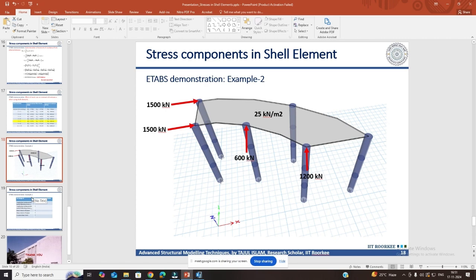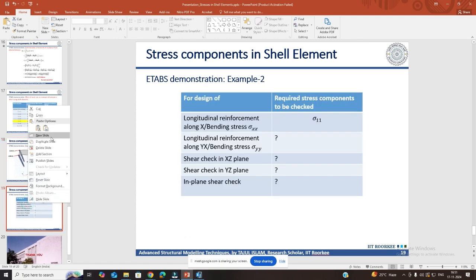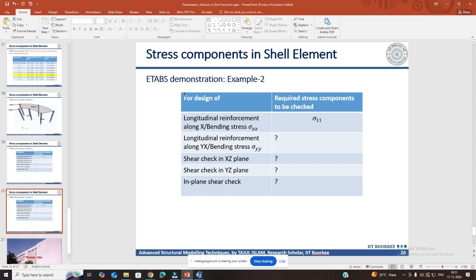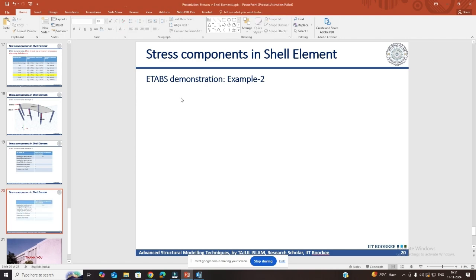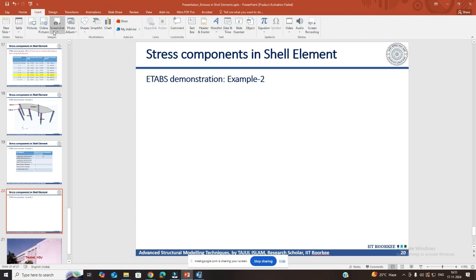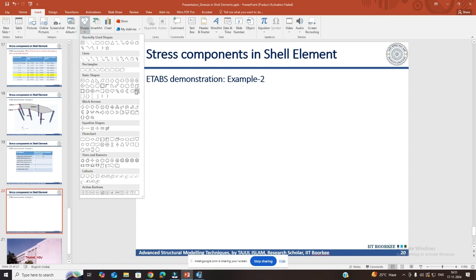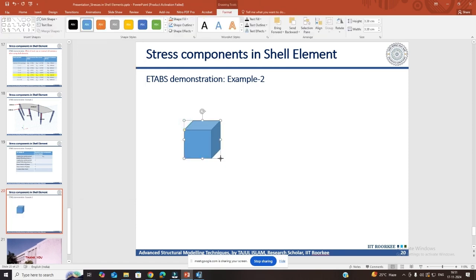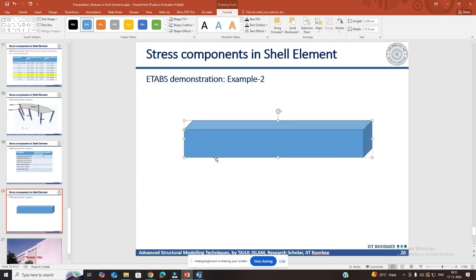Let me try something different. Maybe you'll understand. Let us consider a beam. This is a beam, and I have to design horizontal reinforcement now. Let us also put the axis.